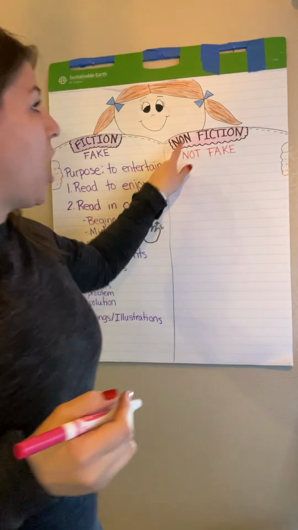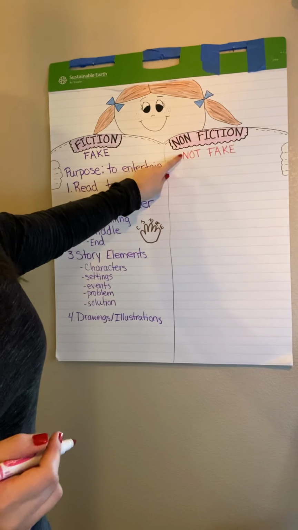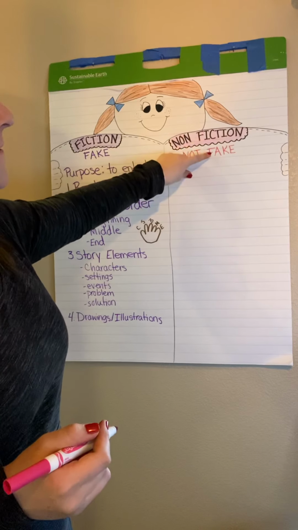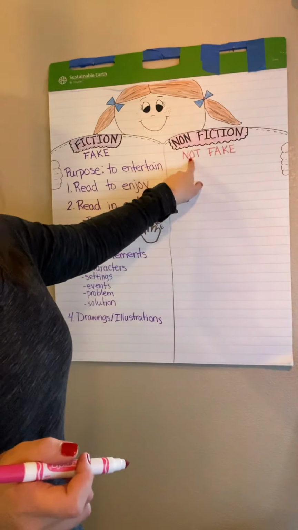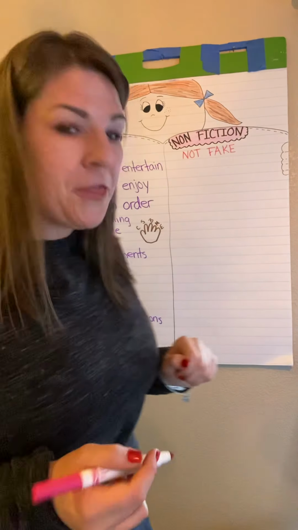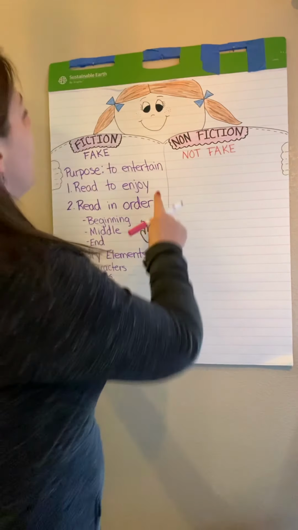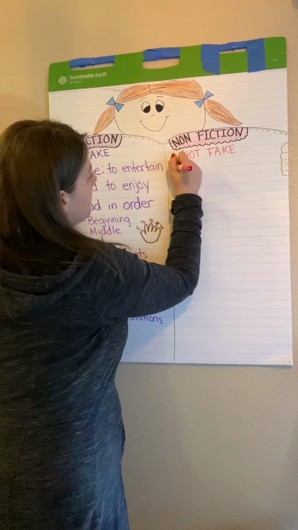So nonfiction, non for not, fiction for fake. So it has the N and F for nonfiction and not fake, where fiction just has fake, the F, okay? Nonfiction is not fake.